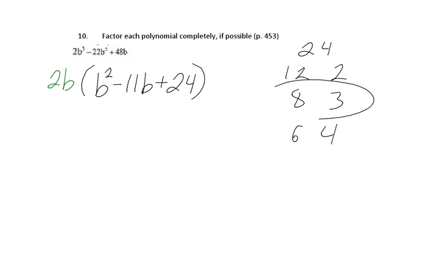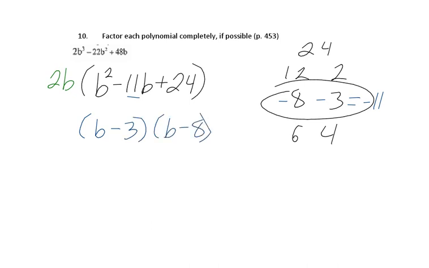I like 8 and 3. Specifically, negative 8 minus 3 equals negative 11, which is the middle. So you're left with b minus 3 and b minus 8. The 2b will stay in the front.